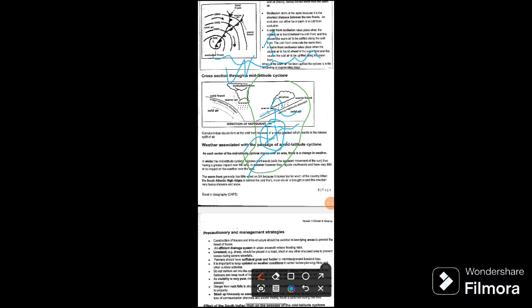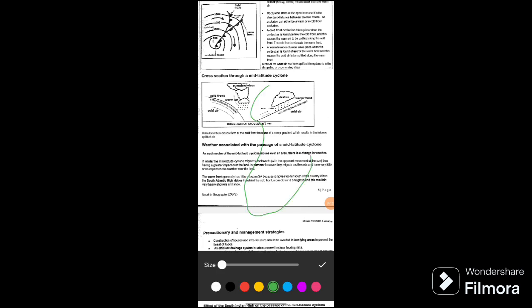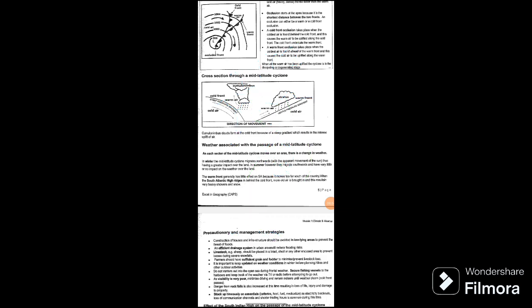Then in summer, the cold fronts move southward, because of the low pressure in the interior, and your ITCZ is shifted downward, causing the front to move southward.